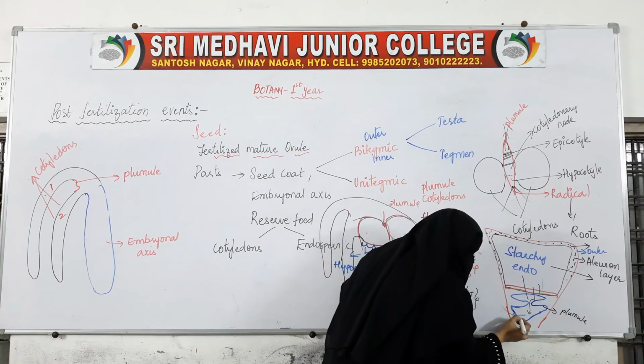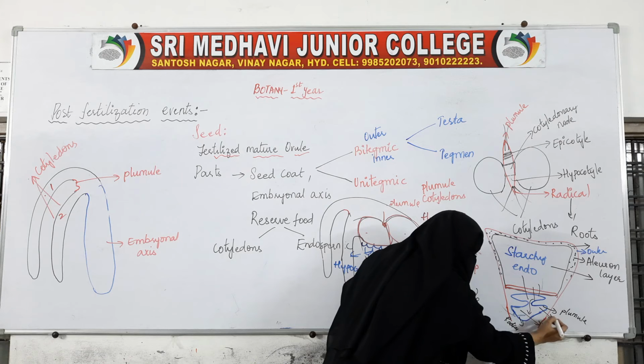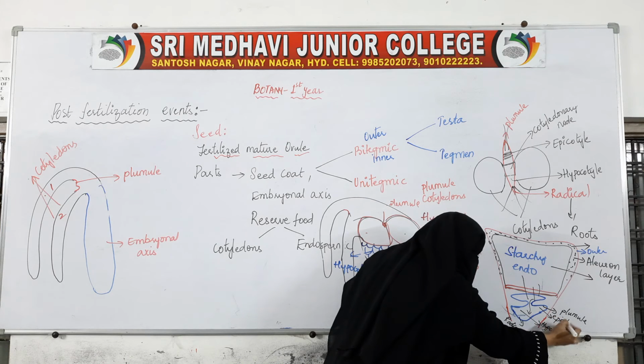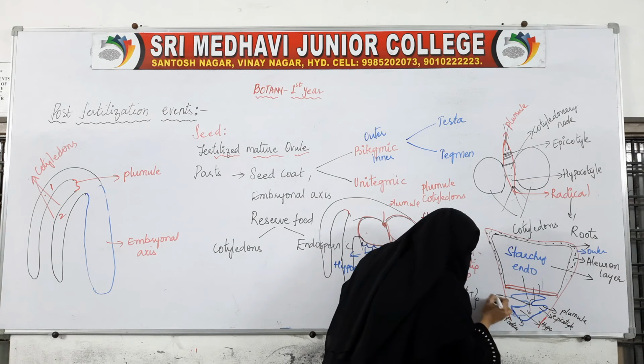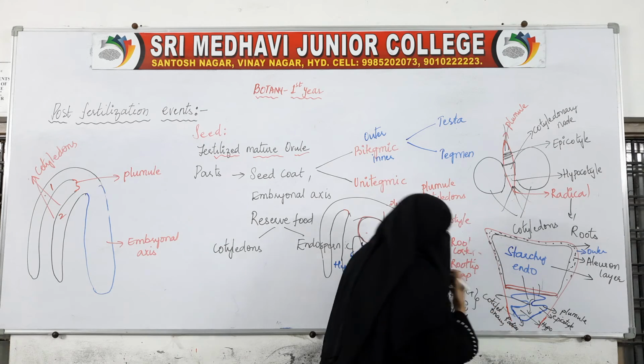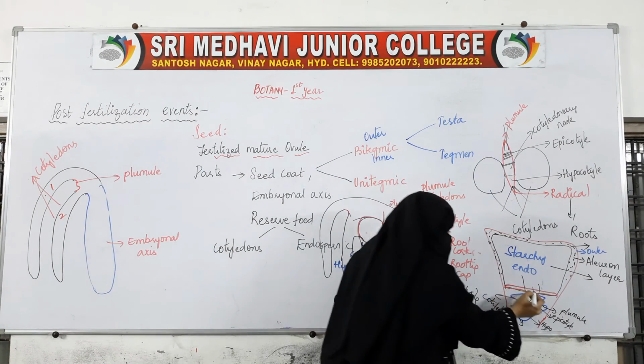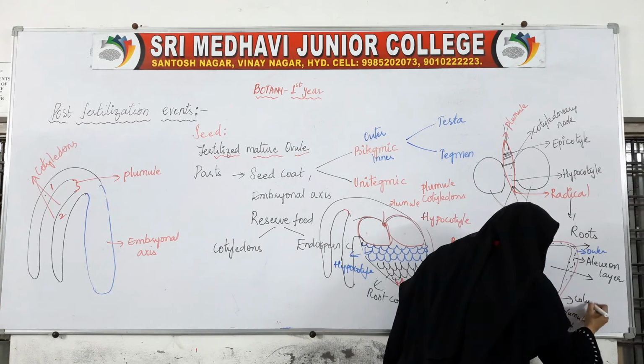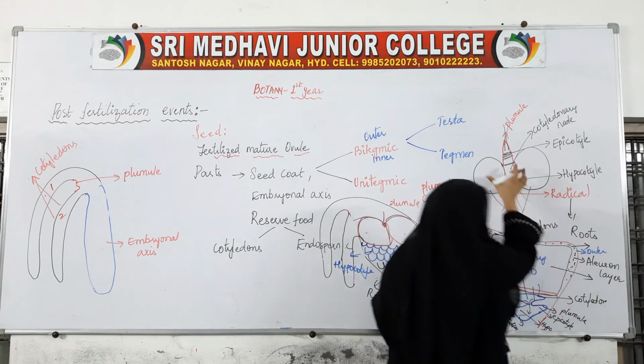So this will be the plumule, this will be the radicle, this is the hypocotyl, this is the epicotyl, and this is the cotyledonary node. These two are the cotyledons.